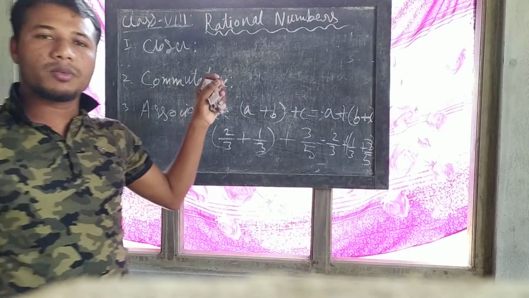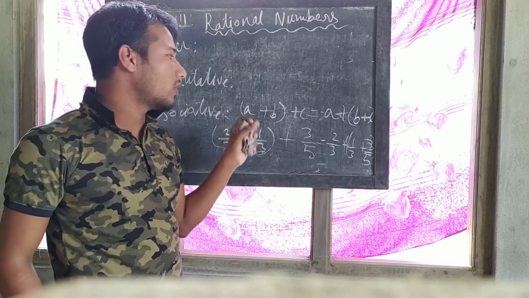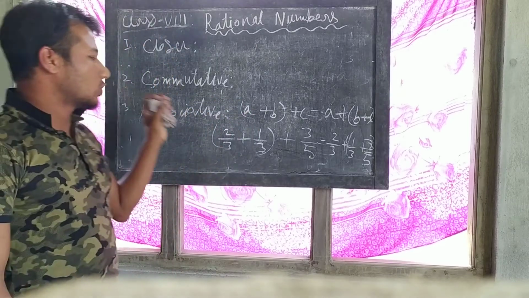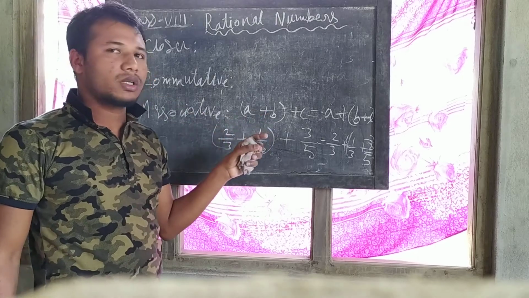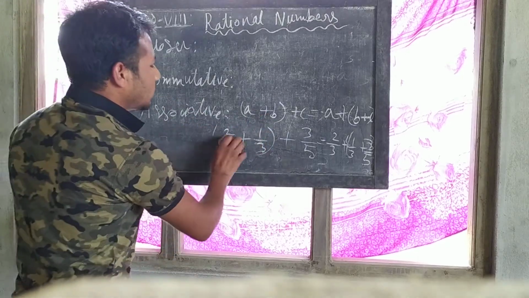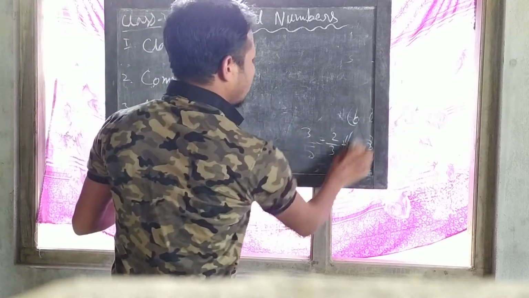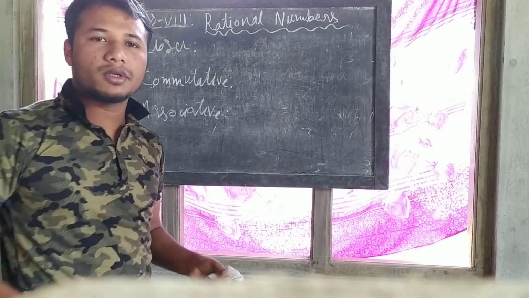So if we change the order for addition, the result will be the same. Therefore, it is associative for addition. Also, it will be associative for multiplication, but for subtraction and division, it will not be associative.